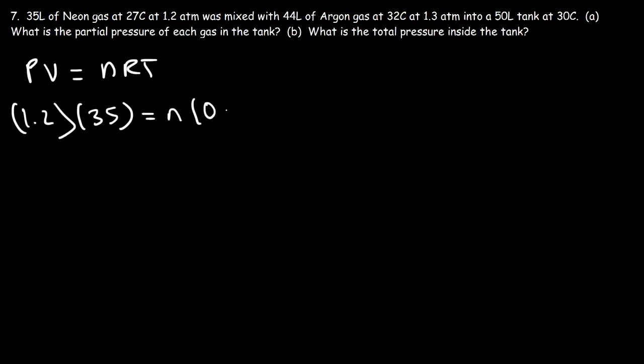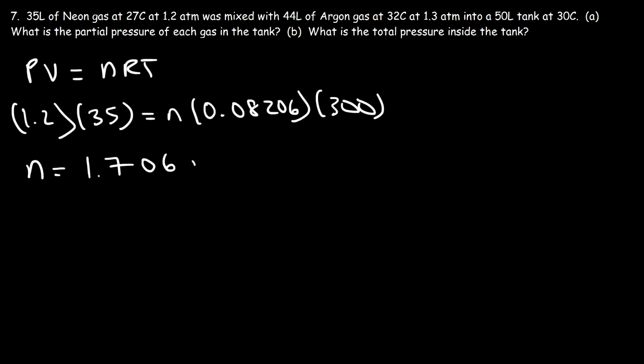And the temperature is 27 Celsius, but if we add 273 to that, it's going to be 300 Kelvin. So n is going to be 1.2 times 35 divided by 0.08206, and then take that result divided by 300. So therefore, we have 1.706 moles of neon.